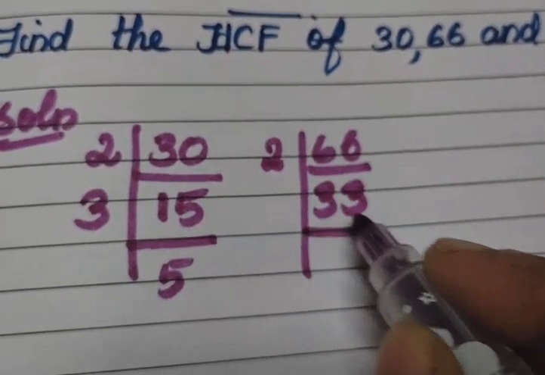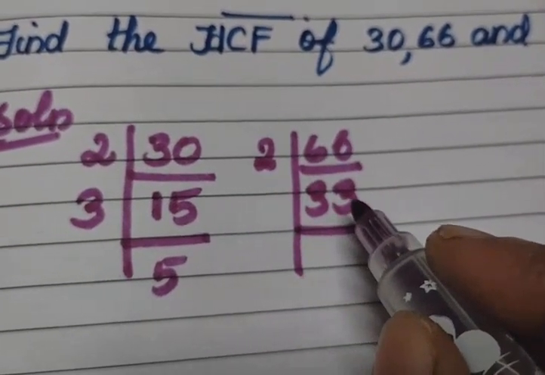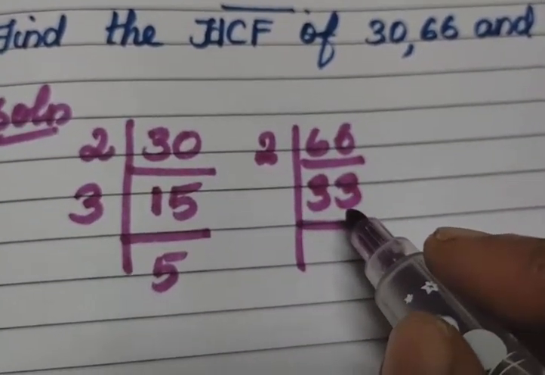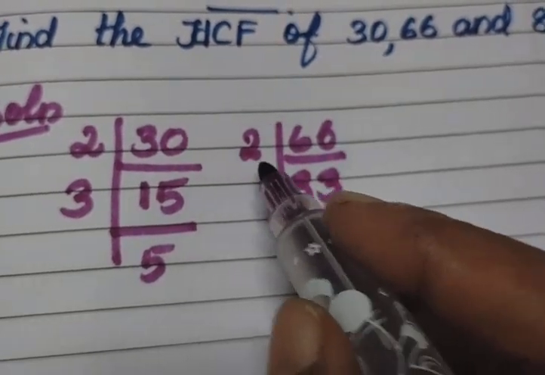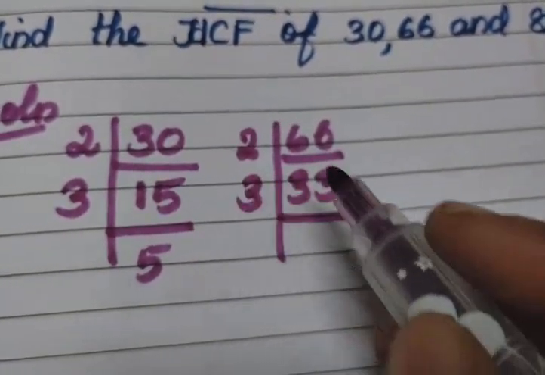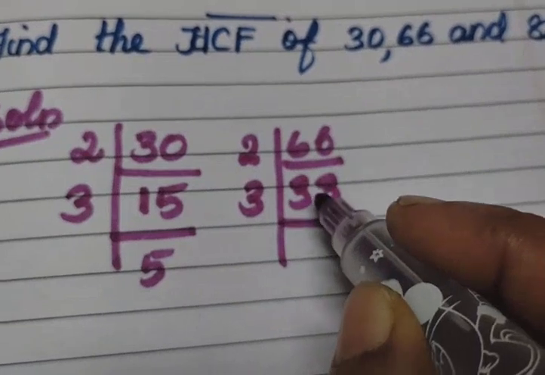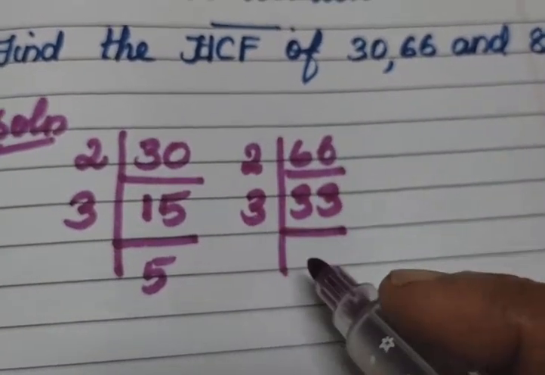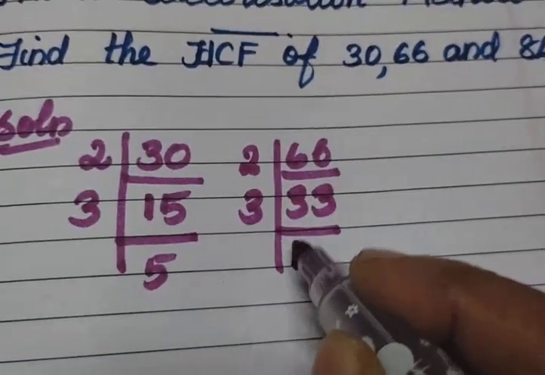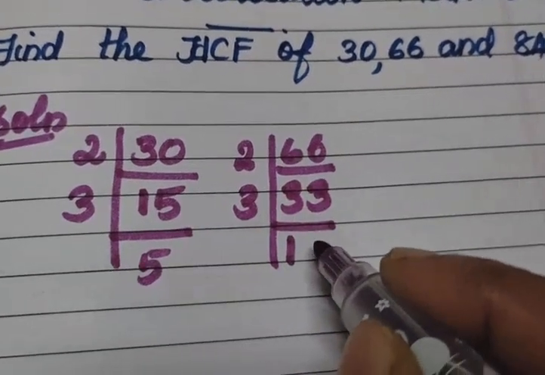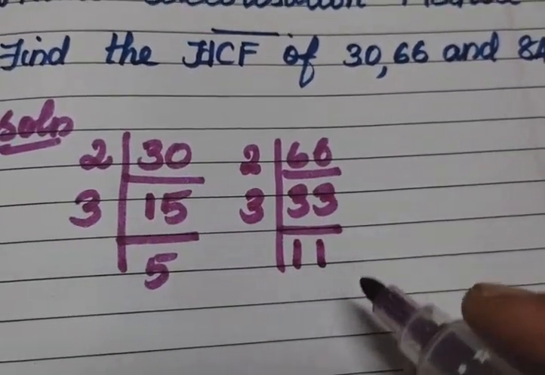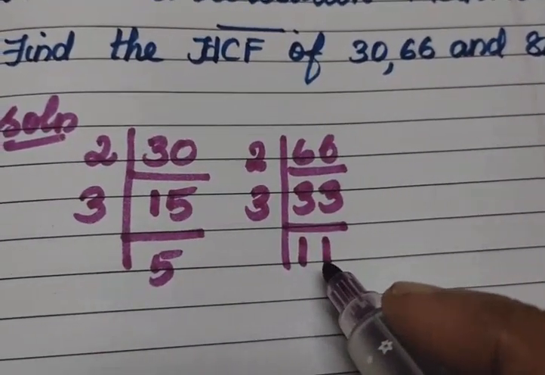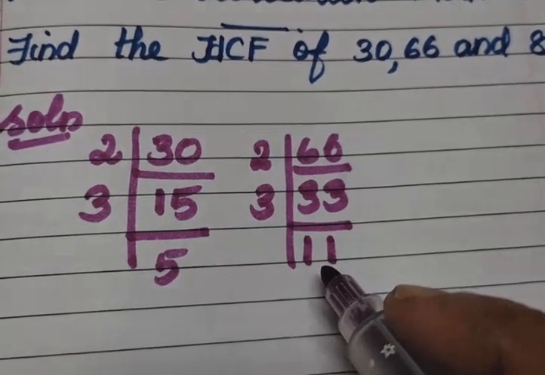Now the ones place is 3, an odd number, so we cannot use 2 here. Next prime number 3. Then 33 divided by 3: 1 3 is 3, no remainder, again 1 3 is 3. Now 11 is a prime number, so we can stop here.